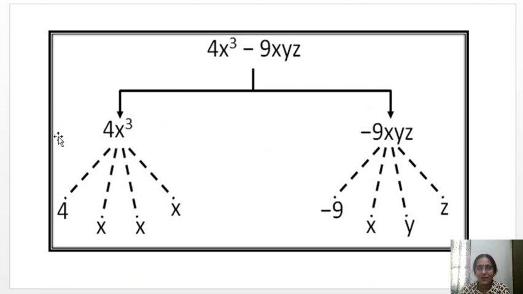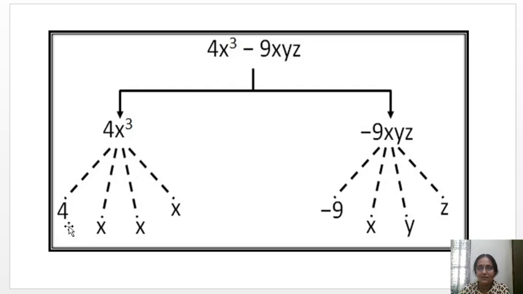Let us see one more example. The given expression is 4x cubed minus 9xyz. How do you get 4x cubed? What do you mean by x cube? X cube means x is multiplied 3 times.